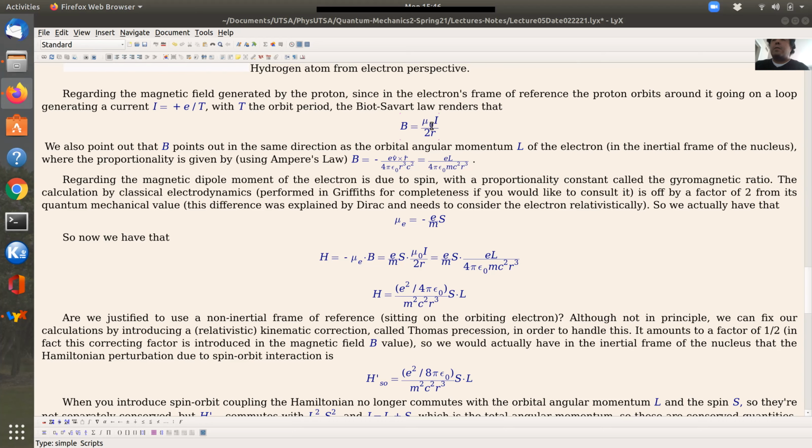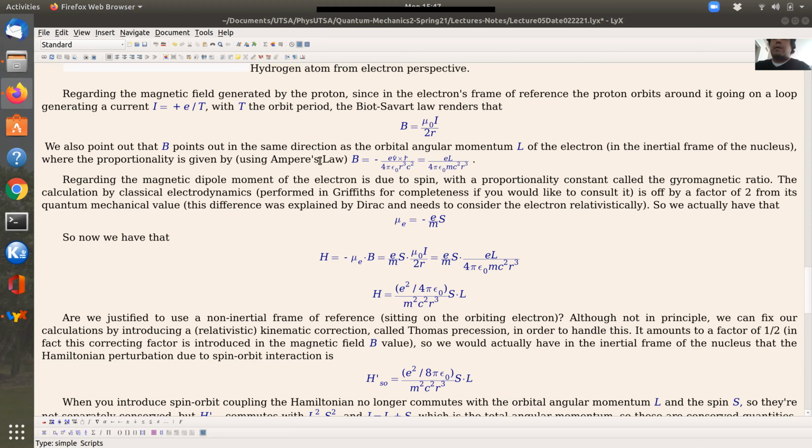So we have mu naught I, the current, divided by 2r, where r is the radius of this circling movement. And so B also points in the same direction as the orbital angular momentum of the electron in the inertial frame of the nucleus.